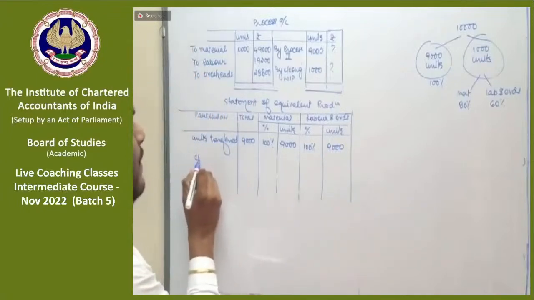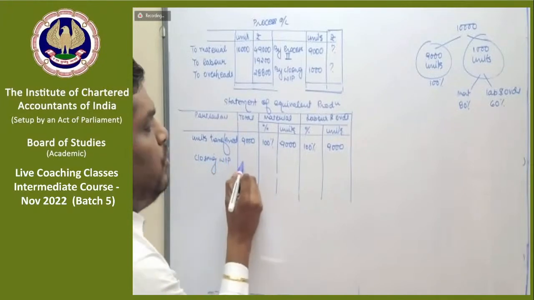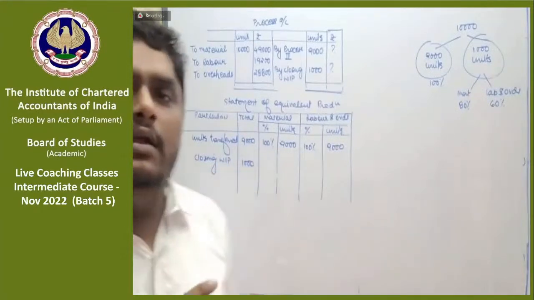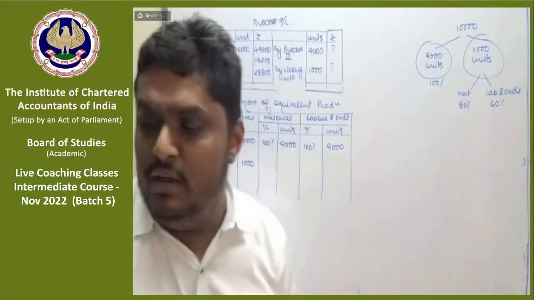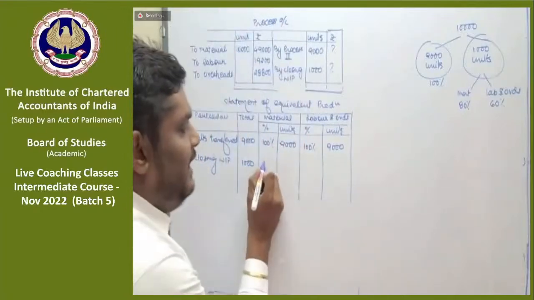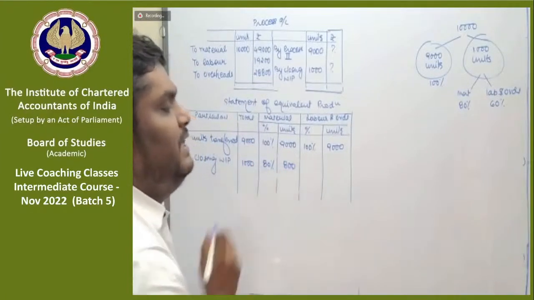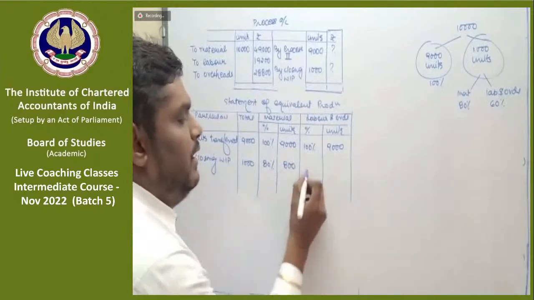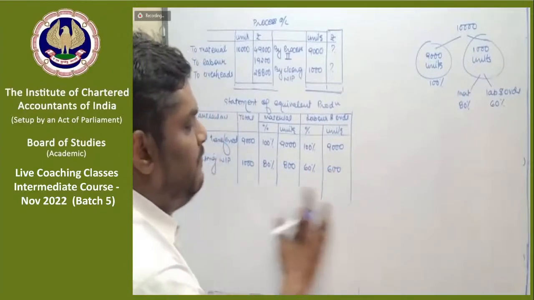But when talking about closing work in progress, total number of units are 1,000. When talking about the percentage of completion, it is given in the question that in respect of material, 80% of the work was complete. So it means what? 800 is the equivalent number of units. And in case of labor, 60%, that is 600 is the equivalent number of units.